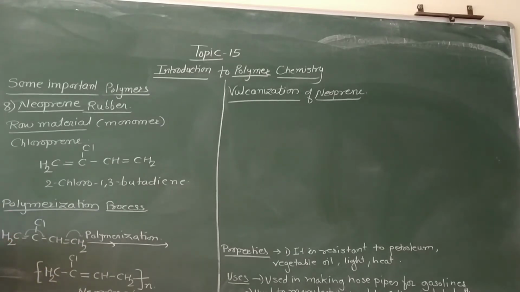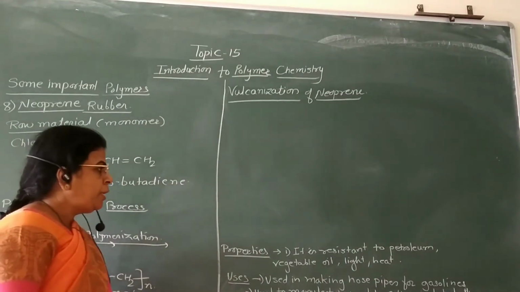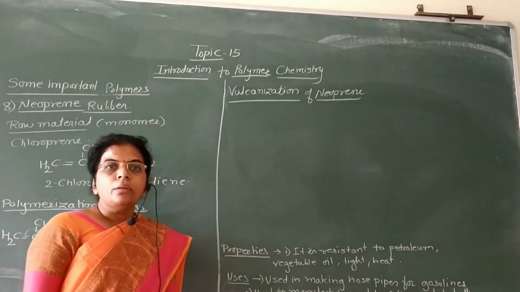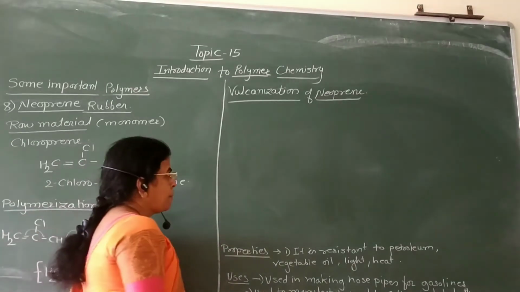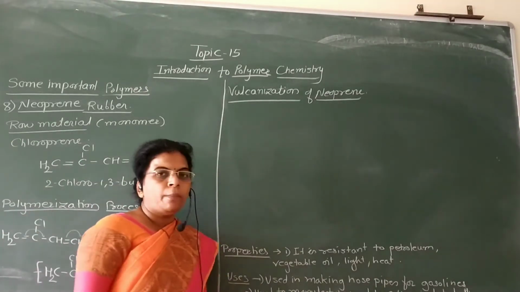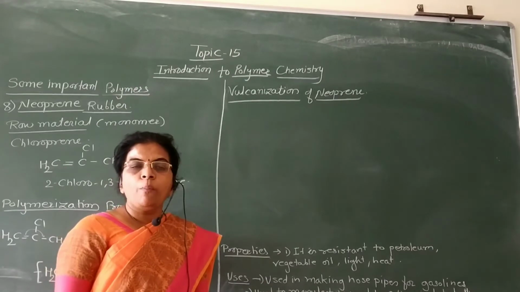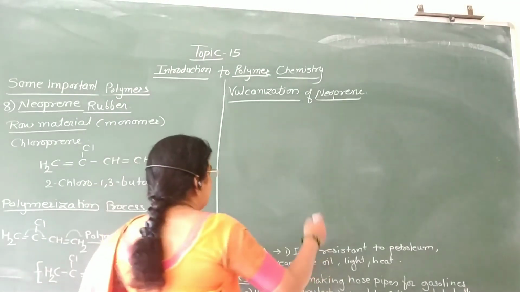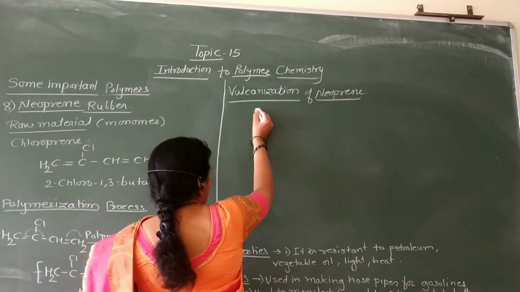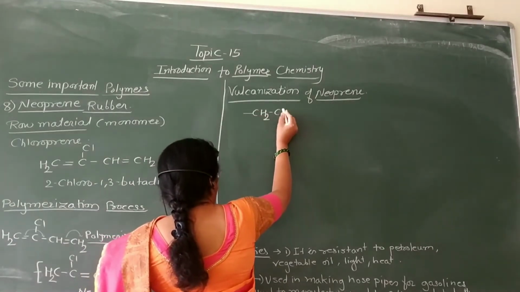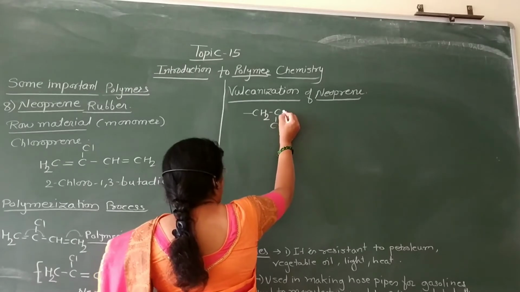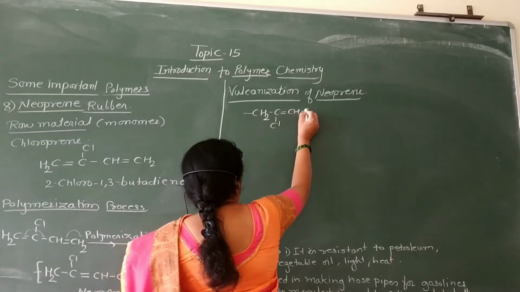Now, we are going to see vulcanization of neoprene. Like natural rubber, this neoprene rubber also undergoes vulcanization. Here, vulcanization of this neoprene rubber is carried out in presence of magnesium oxide like this. Now this is the first unit of neoprene, CH2, CH, C(Cl)=CH, CH2.